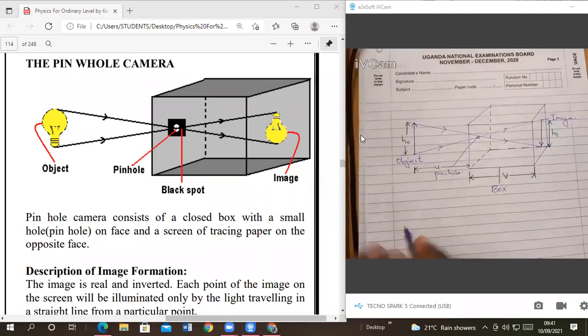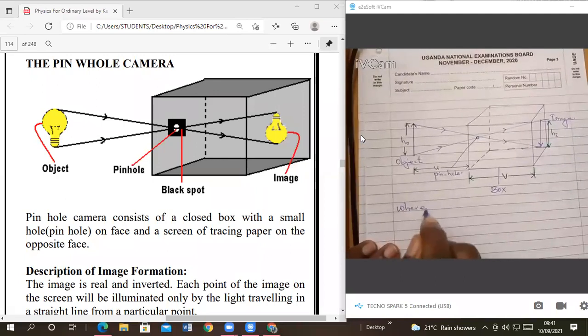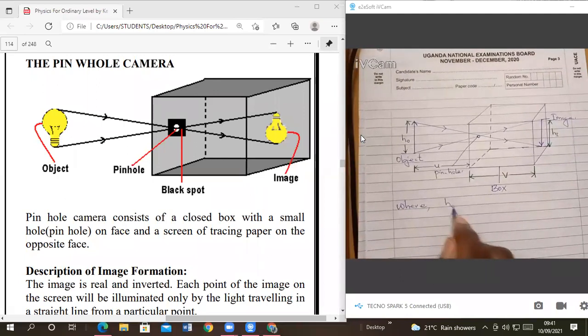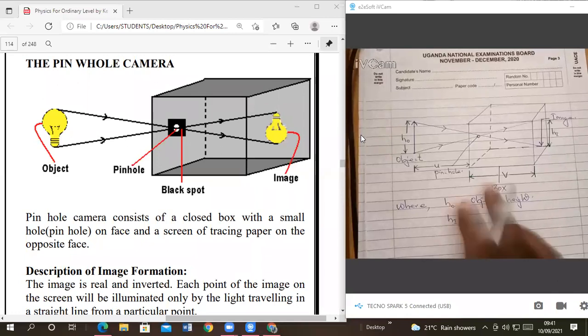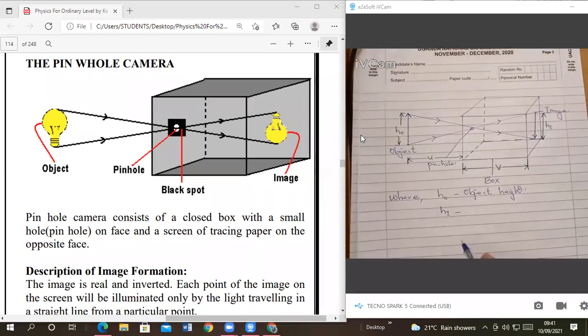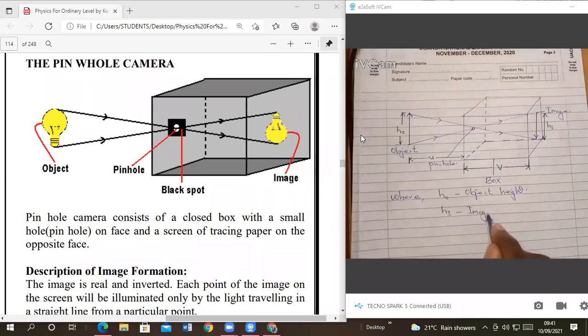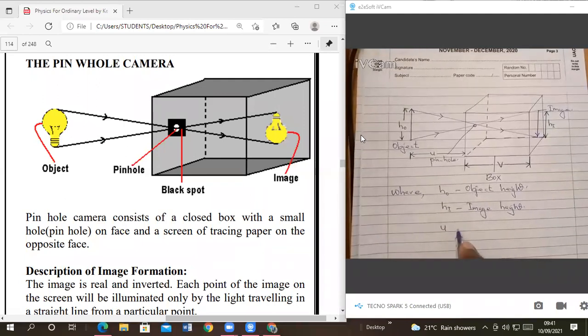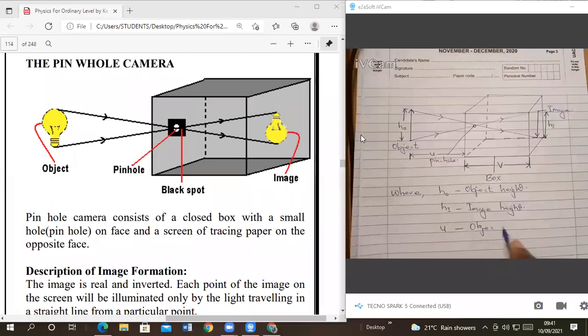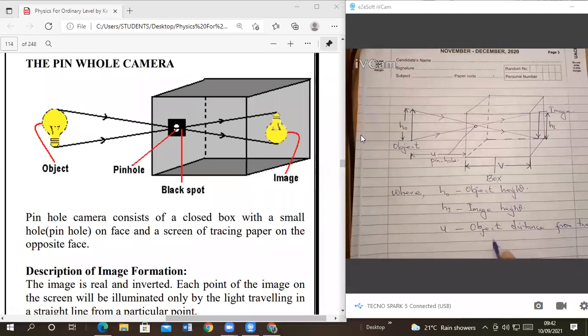So we said where H0 is the object height. Then HI is the image height. All these are on writing because they are going to help us. Then U is the object distance from the pinhole.